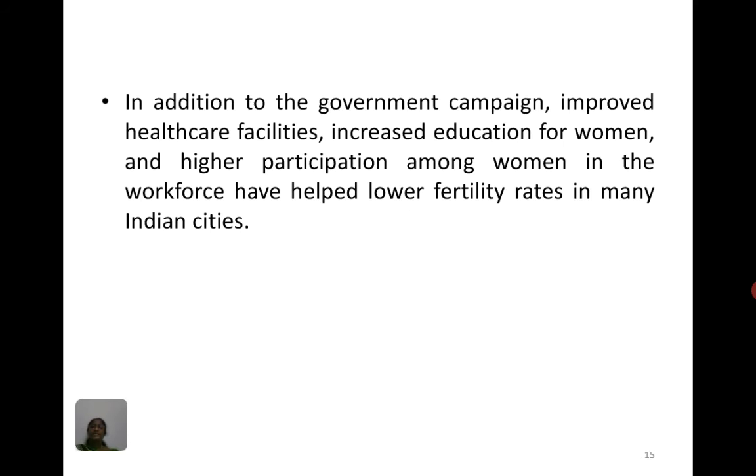So, in addition to the government campaign, improved health facilities, the increased education for women and higher participation among women in the workforce have helped lower fertility rates in many Indian cities.